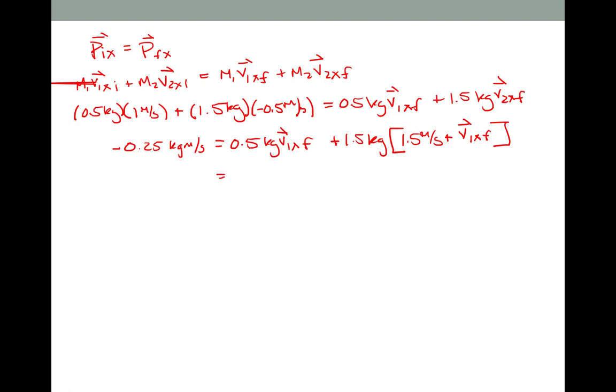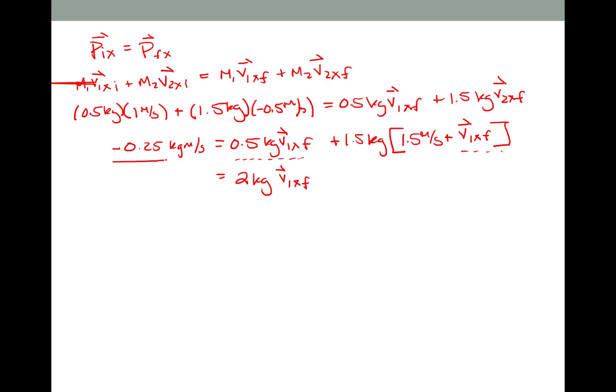Okay. So I'm now going to distribute through the parentheses and collect like terms all at once. I have two terms that involve V1x final. It's this one and this one. So 0.5 kilograms V1x final plus 1.5 kilograms V1x final results in 2 kilograms times V1x final.